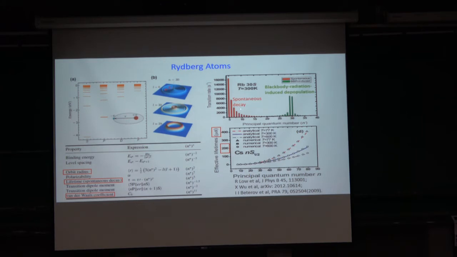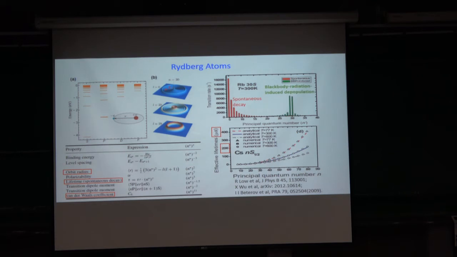And not just spontaneous decay, the black body radiation will also affect your Rydberg atom, because near n equal to 30, 31, the EM wavelengths of the black body radiation may contain a lot of photons, such that there is black body induced depopulation.